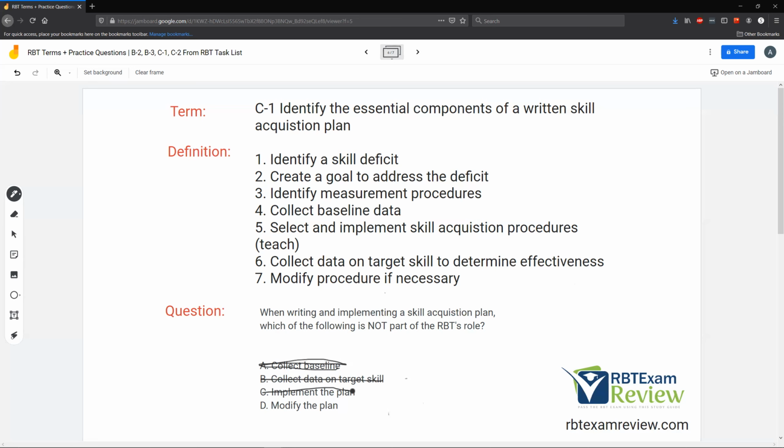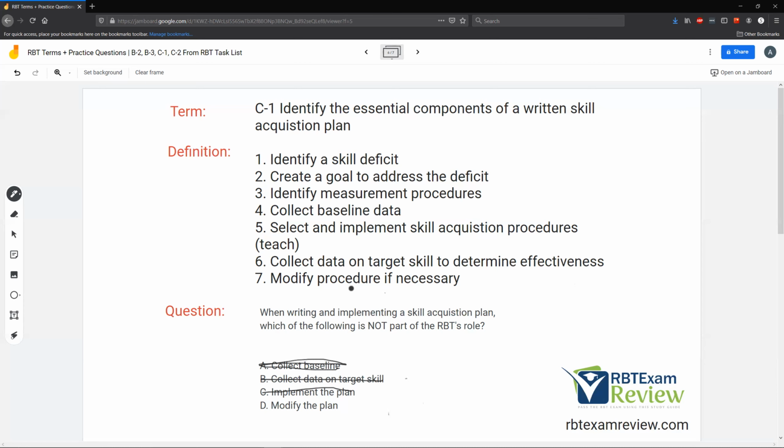Modify the plan. Should you modify treatment plans and skill acquisition plans and behavior plans? No, that is not your job. That is not your role. You're not qualified. It doesn't mean you're not capable. It means you're not qualified. If you think something's not working based on the data, you can go to your BCBA and you guys can discuss it. And that really is how it should be done.